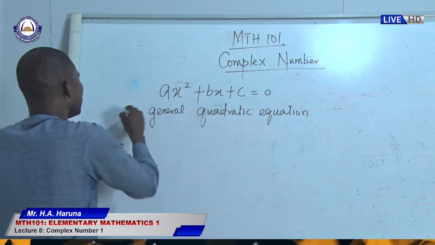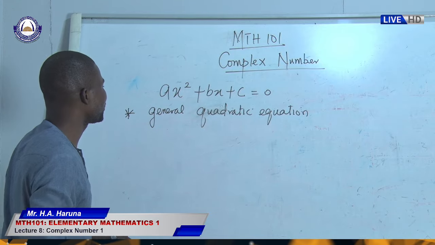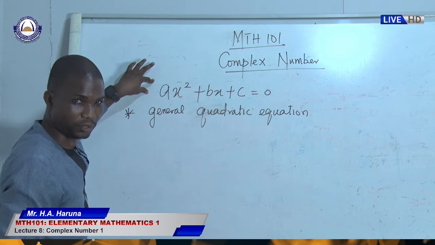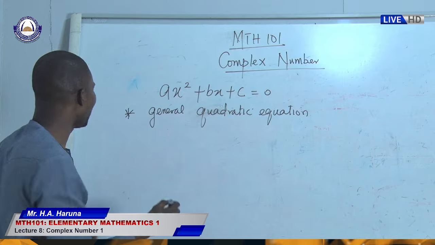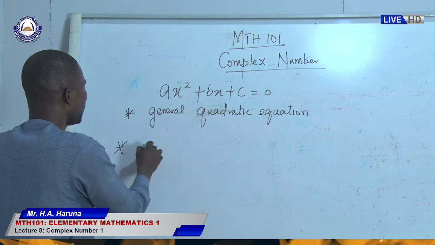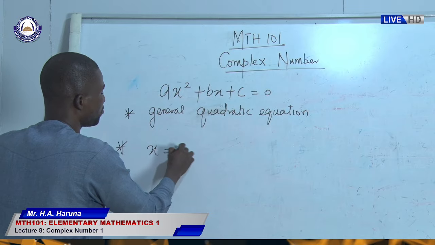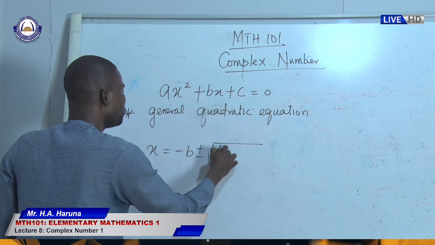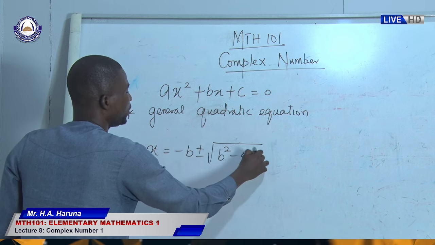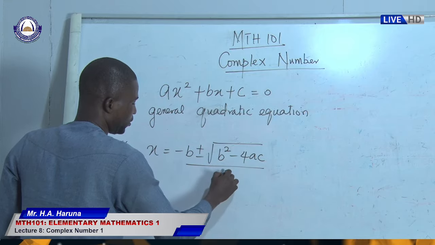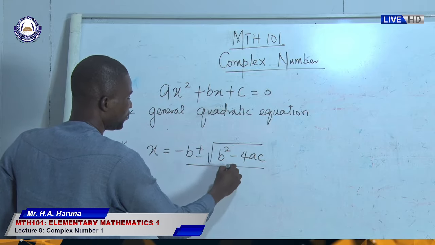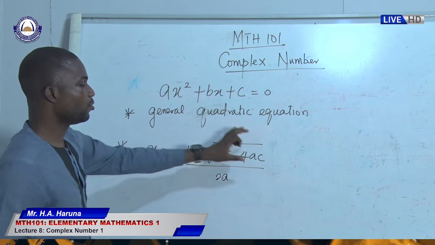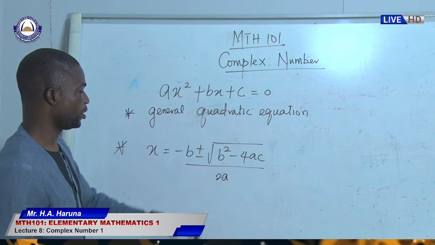If you recall from Dr. Olubanwo's class, he solved the quadratic equation using the completing the square method, and you arrive at x equals minus b plus or minus the square root of b squared minus 4ac, over 2a. Now you arrive at this using the completing the square method.